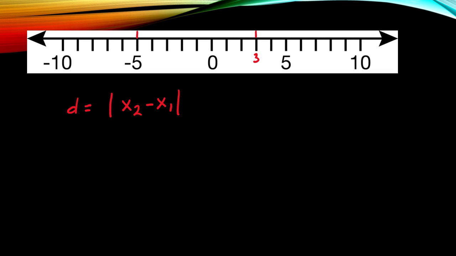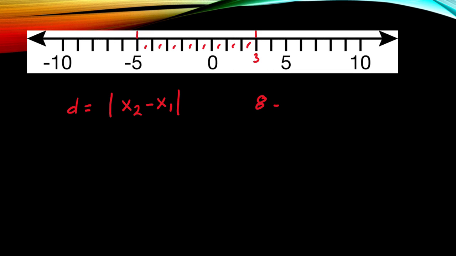Now let's look at this example where we have 3 and -5. We can count from -5 up. That's 1, 2, 3, 4, 5, 6, 7, 8. So we know our distance is 8 by counting. Let's see what the calculation looks like.